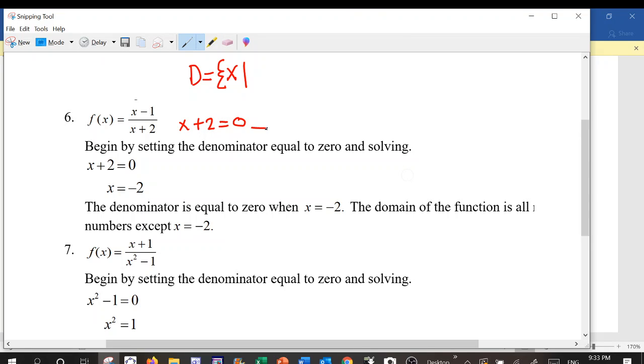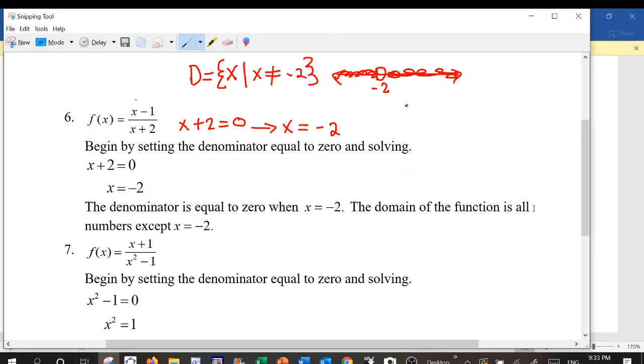We set it equal to 0 to figure out what makes it 0. Then we say the domain is all real numbers except x cannot be negative 2. You could also write it on the number line. This is negative 2. We don't want that, but everything else is good, right?